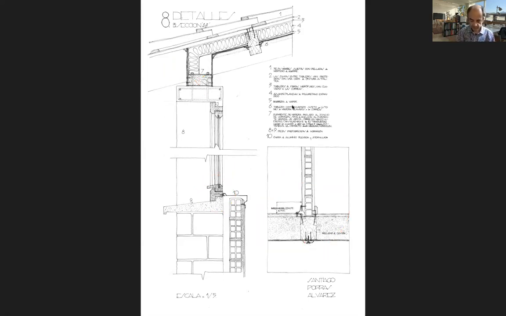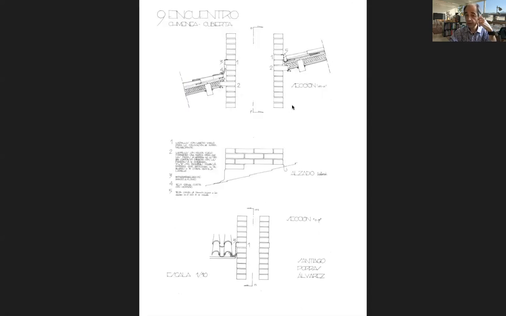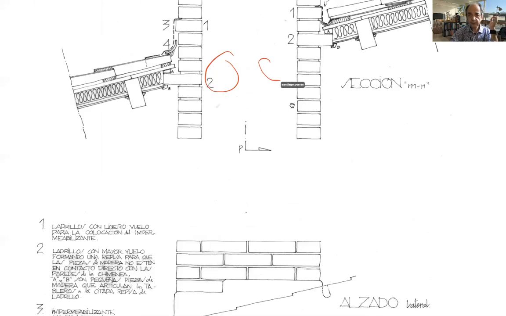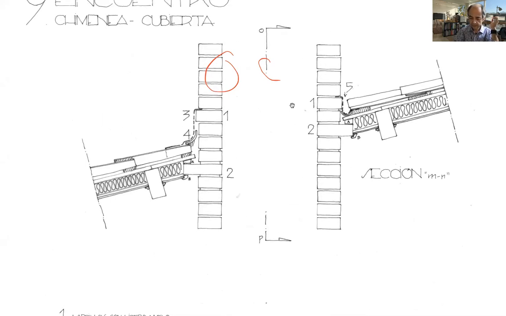So something is not working perfectly, and I would change many things there, but this was just the first try. It was not easy. The connection of the chimney with the roof was difficult. This is quite reasonable and carefully done, but of course you will notice that this is a bit narrow, so it should have been at least this thick.